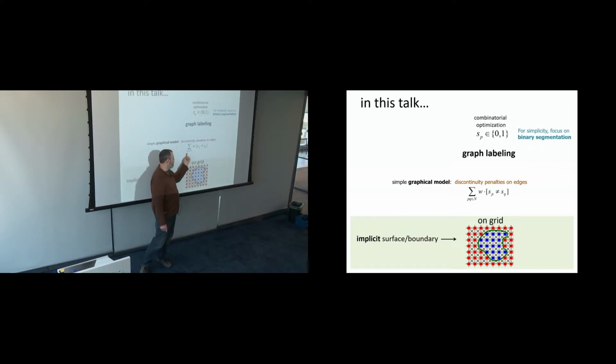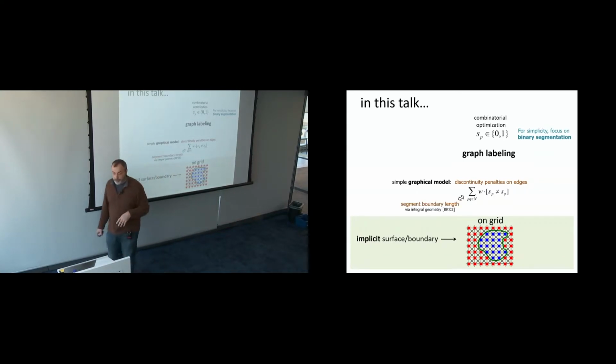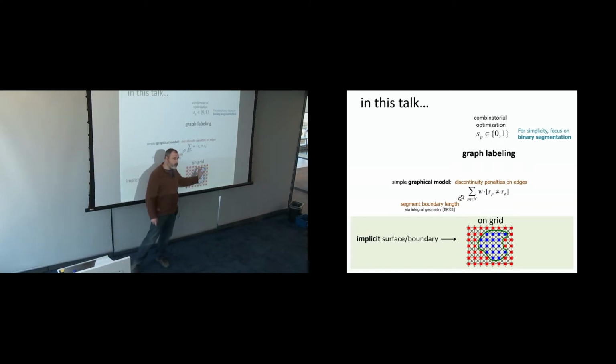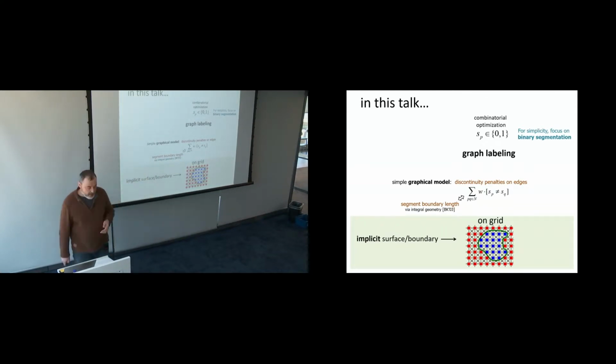If you have this neighborhood system and you go over the edges on this graph, and if two neighboring labels are distinct, you pay penalty W. So overall, you can think of that also as the length of the boundary. So you pay for the length of the boundary, and you can formally convert from counting the number of discontinuities, penalizing them, into a geometric objective. You can say this is an approximation of geometric length for this segmentation.